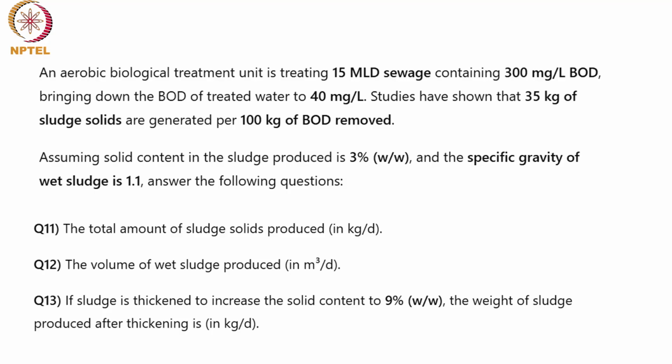This implies 40.95 is equal to 9 by 100 into weight of thickened sludge.